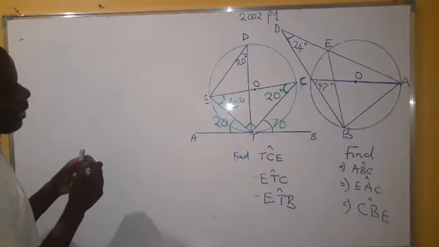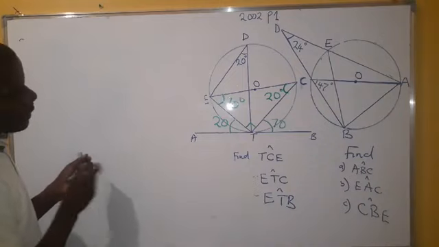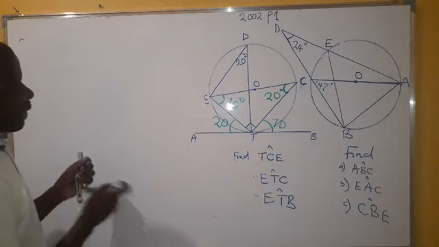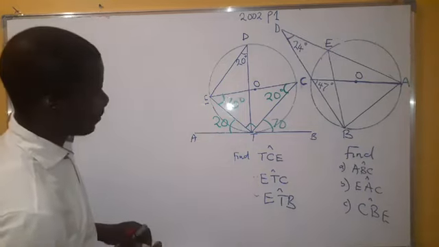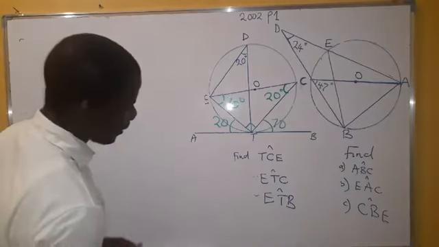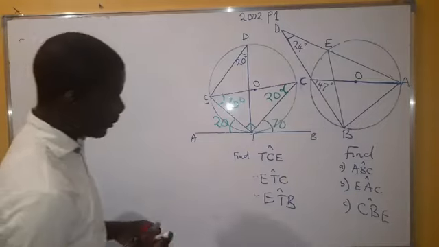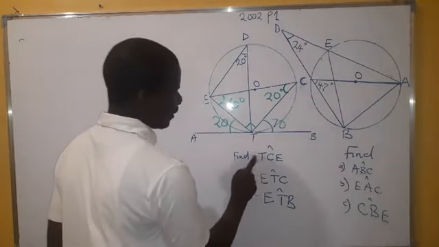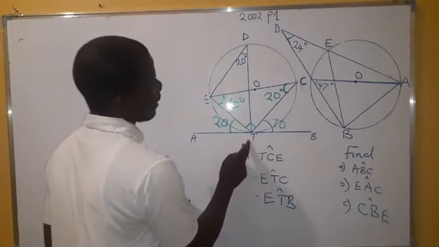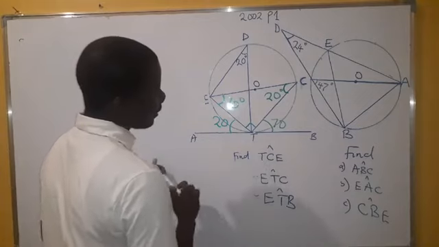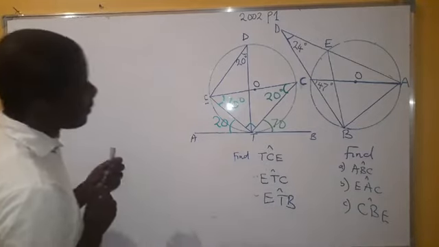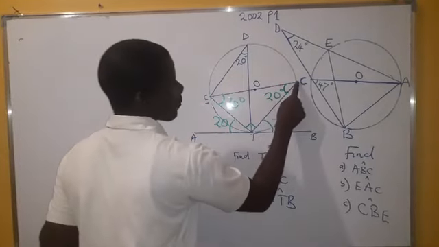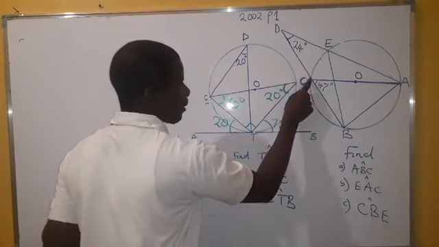So now, what other angle can we find? This. Okay. Before we proceed, let's first see if there is any other angle which we didn't tackle. We'll think of TCE. Our C, please, I must emphasize, is for both this circle and this one.